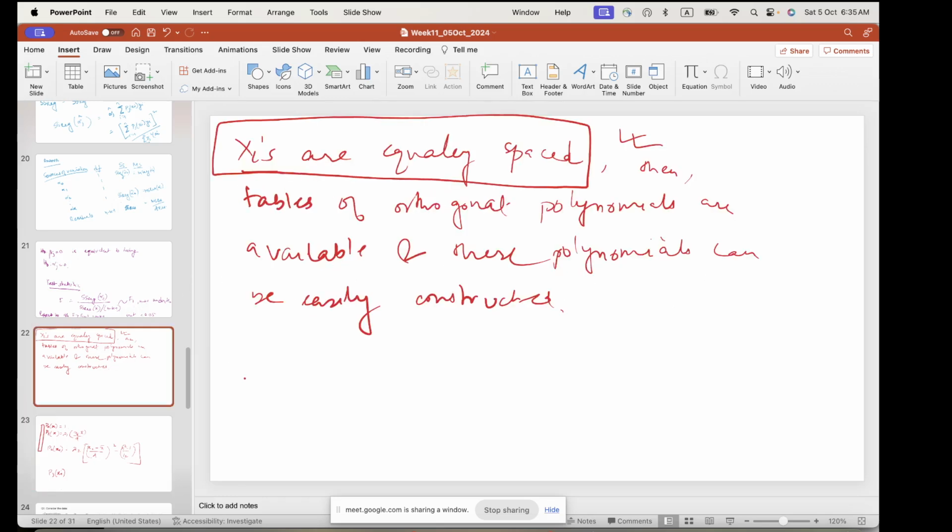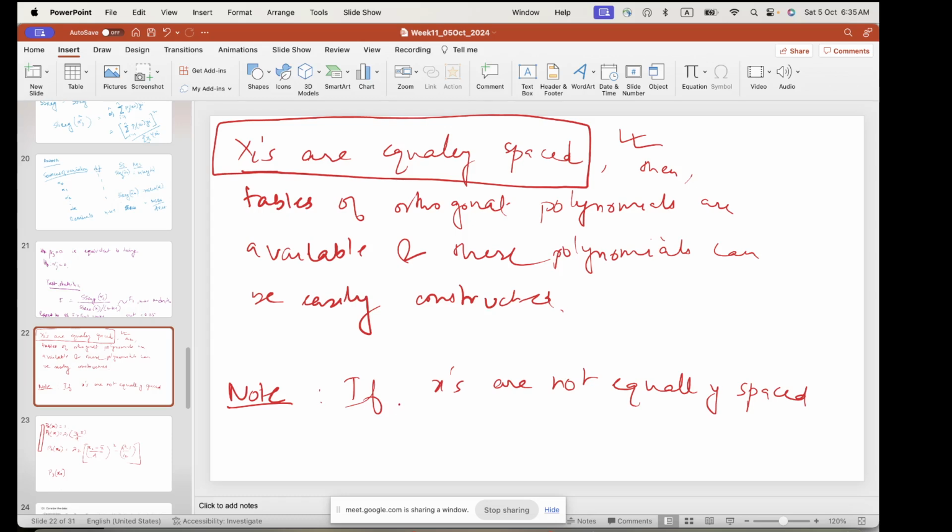Now note, if the x's are not equally spaced, can we not construct orthogonal polynomials? The answer is no, that is not the case.